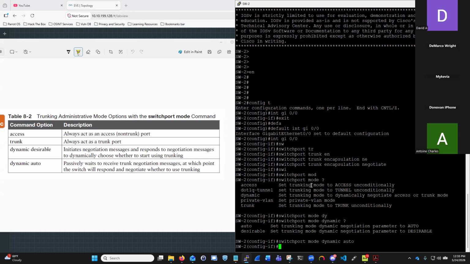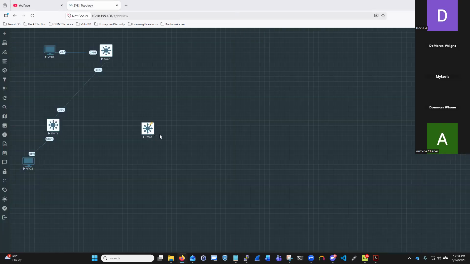So per definition, dynamic auto passively waits to receive trunk negotiation messages, at which point the switch will respond and negotiate whether to use trunking. Let's check the wire.